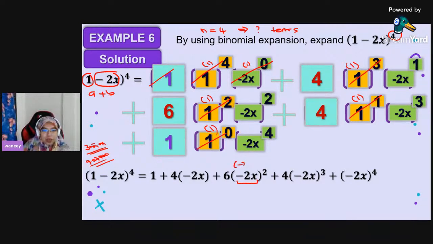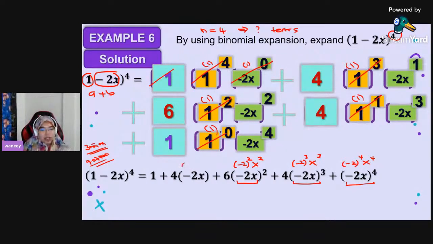So this one should be negative 2 squared x squared. This one, negative 2x cubed, will become negative 2 cubed x cubed. This one, negative 2x to the power of 4, is negative 2 to the power of 4, x to the power of 4. I find it much easier if I separate the x and the numbers like this.